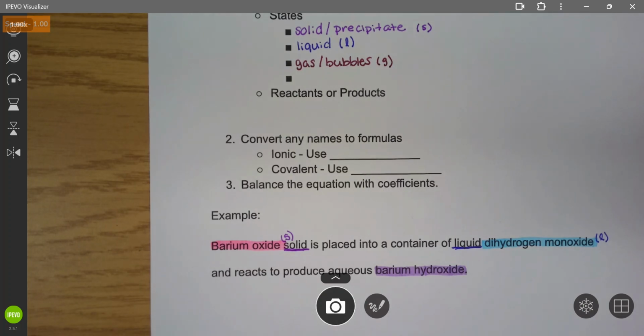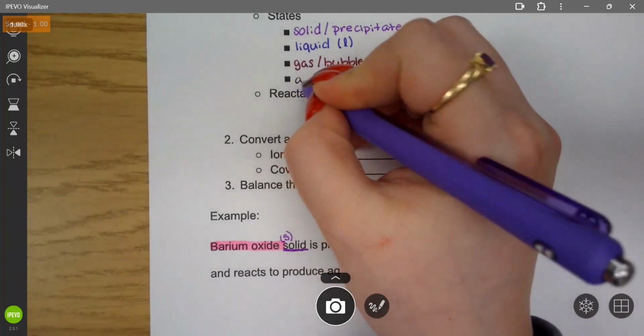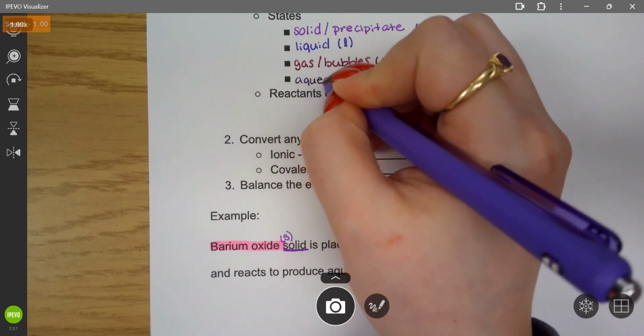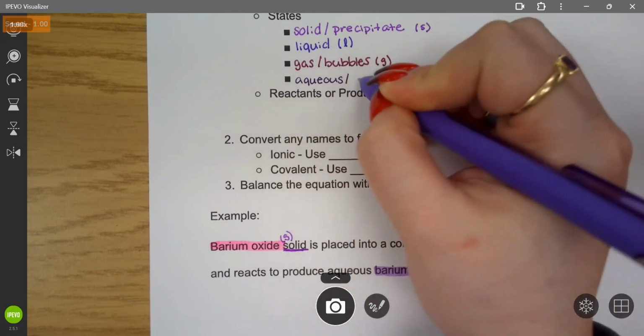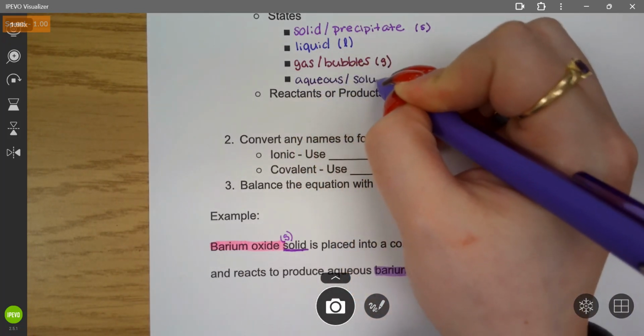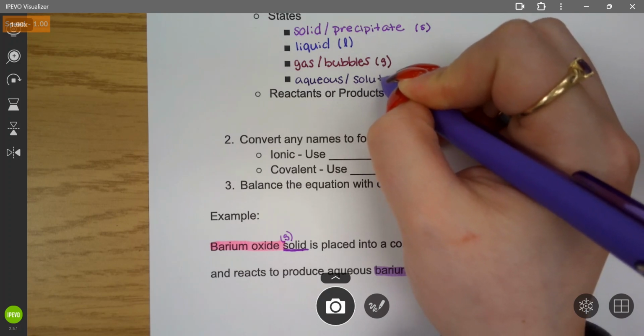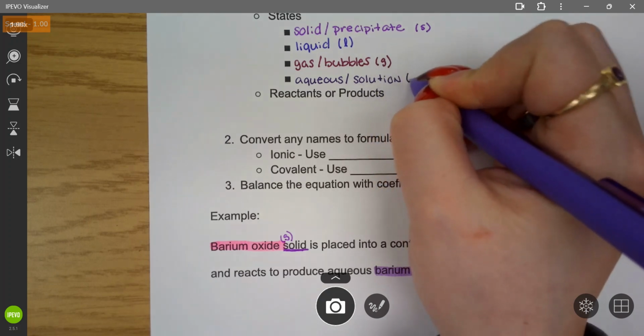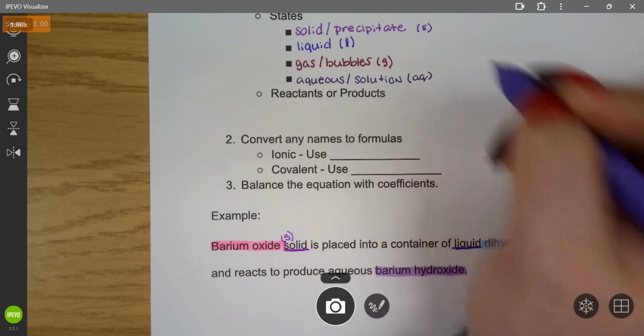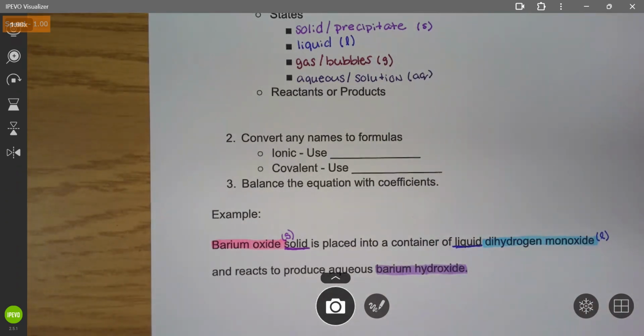Which leaves our last state of matter as aqueous. You may also see it written as solution at some point. And that just means that whatever you have is dissolved in water. So think like salt and water or making Kool-Aid, anything like that. It's dissolved in water. It's called aqueous.